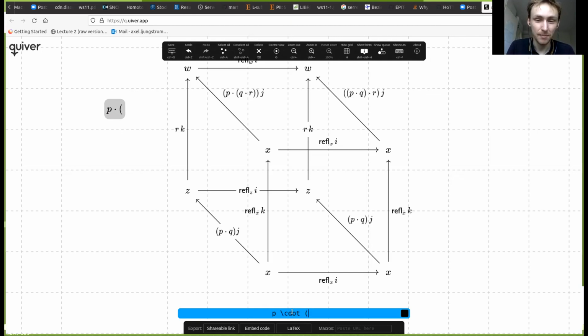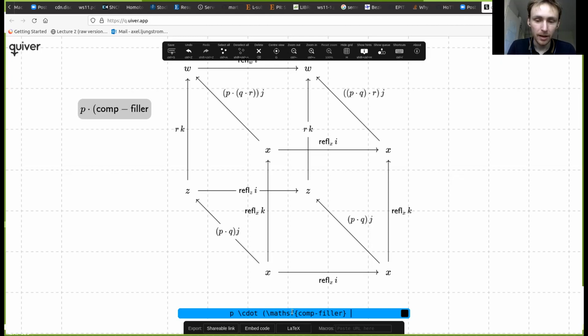P composed with, sorry, what am I doing right now? Comp filler applied to, oh, that's ugly. I'm sorry about this.